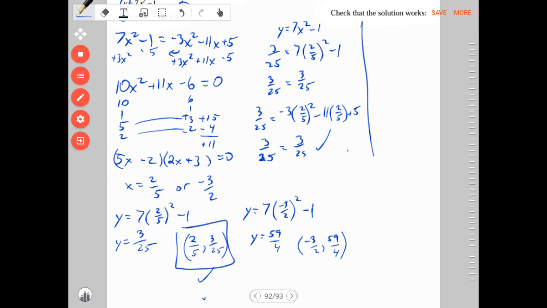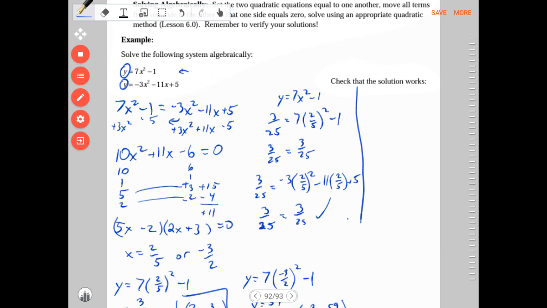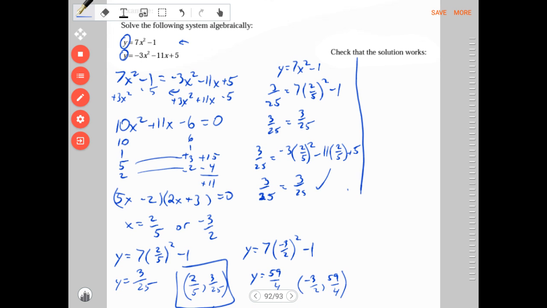Now I'm going to run out of room here, but that's okay, I'll just write small. So we're on the second answer, first equation. That's y equals 7x squared minus 1. So y is 59 over 4.